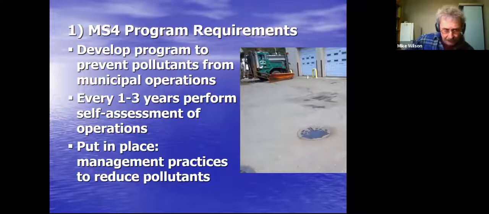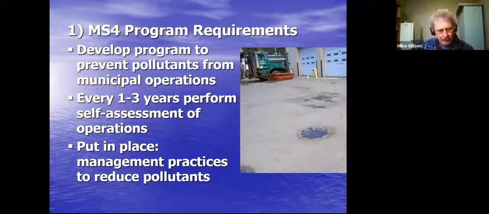So what are the program requirements for an MS4? Well, it's to develop a program that prevents pollutants from municipal operations. And every 1 to 3 years, those municipal operations should be performing a self-assessment check.